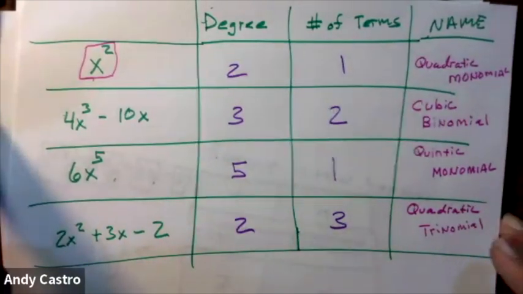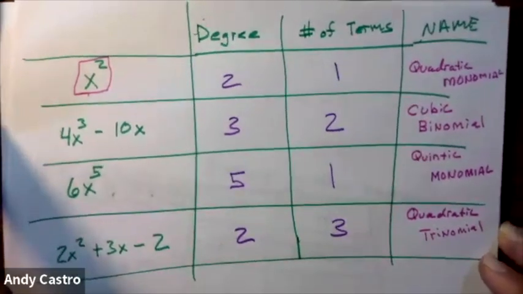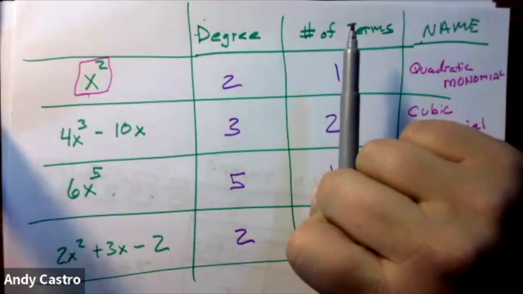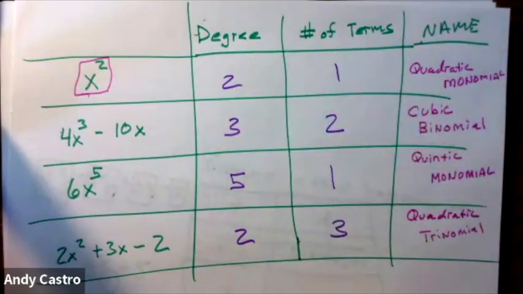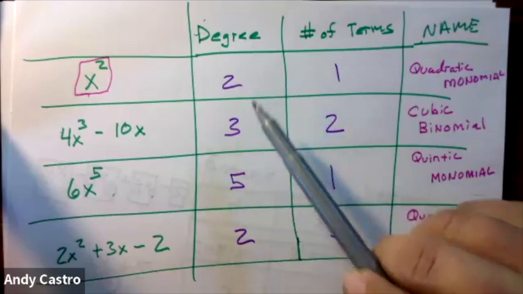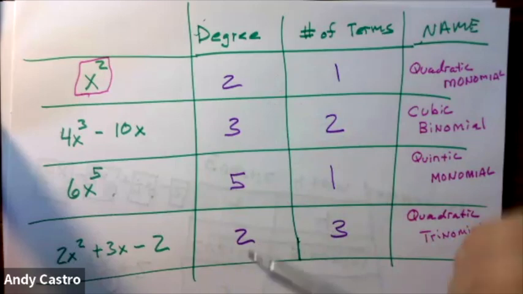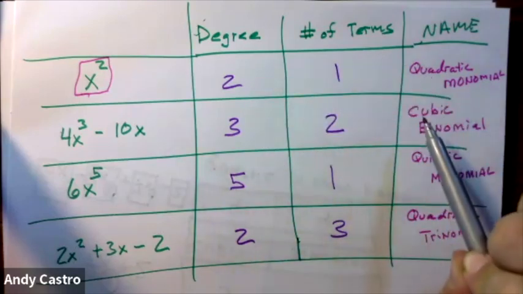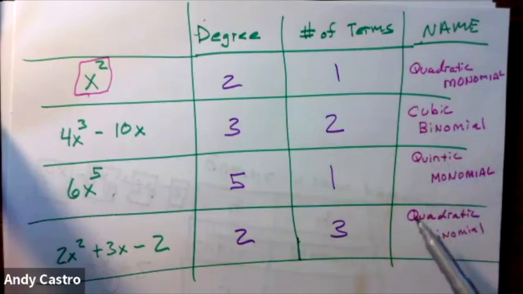All right. One of the secrets to this that really helps is understanding that the degree and the number of terms have no influence on each other. Okay? So notice how the degree goes from 2 to 3 to 5 to 2, and we name that degree directly. Quadratic, cubic, quintic, quadratic.